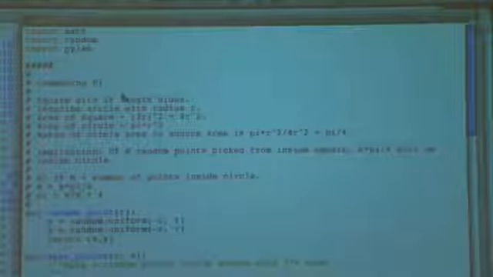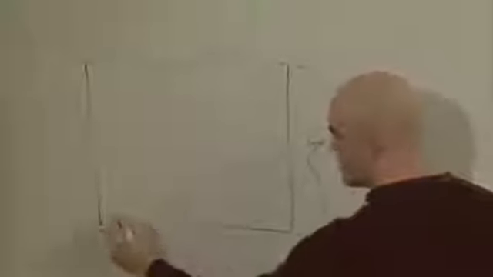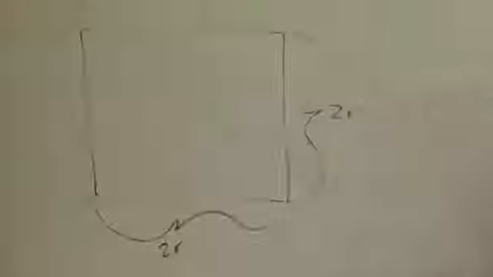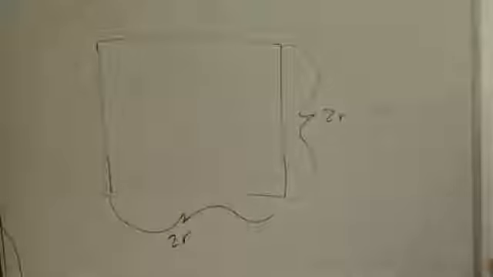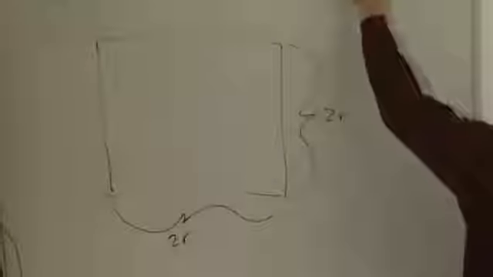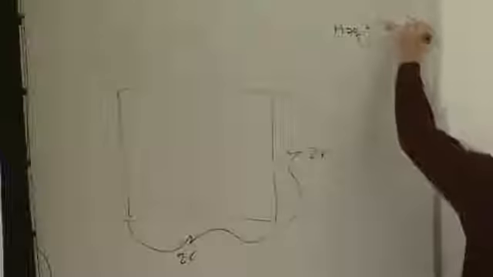So, the idea is we have a square, and its side is 2r units long. So what's the area of the square? It's (2r) squared, right?